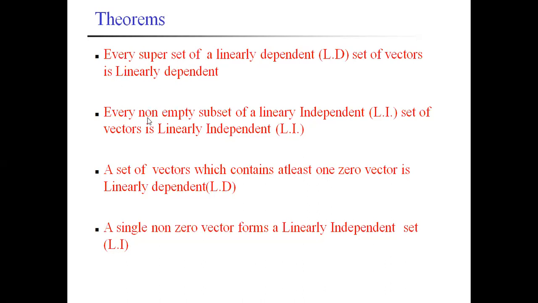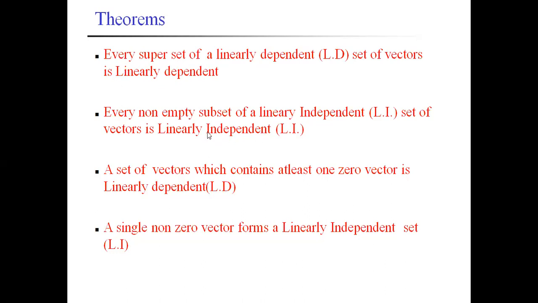Coming to the next theorem: every non-empty subset of a linearly independent set of vectors is linearly independent. So a subset of a linearly independent set of vectors is always linearly independent.